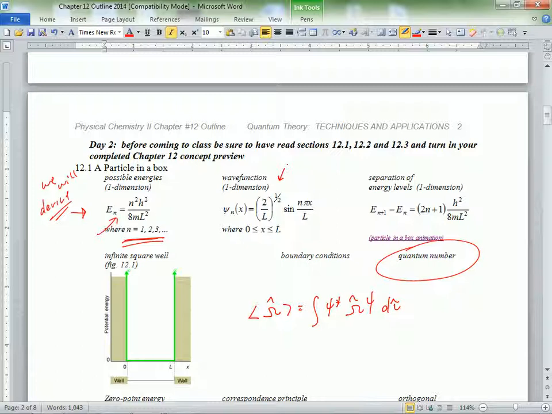The box: x can go from 0 to L. So here's that funky box they're talking about. Even though it's only one dimension, the particle can only be between 0 and L. Why do they make these walls so high? It's just saying the energy is infinite, so the particle has to stay in there.